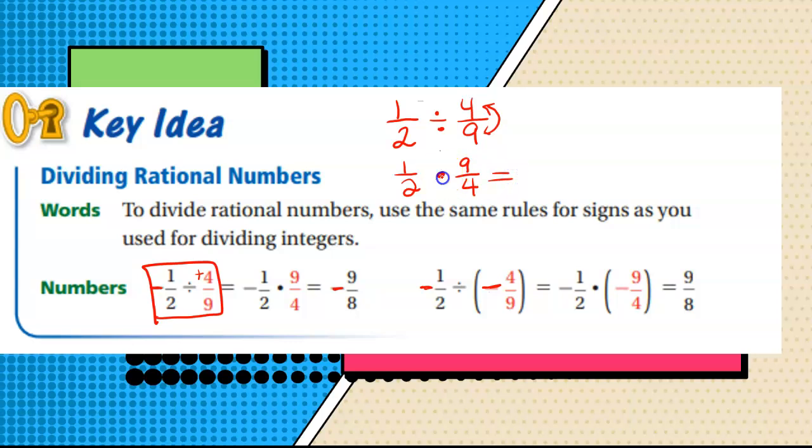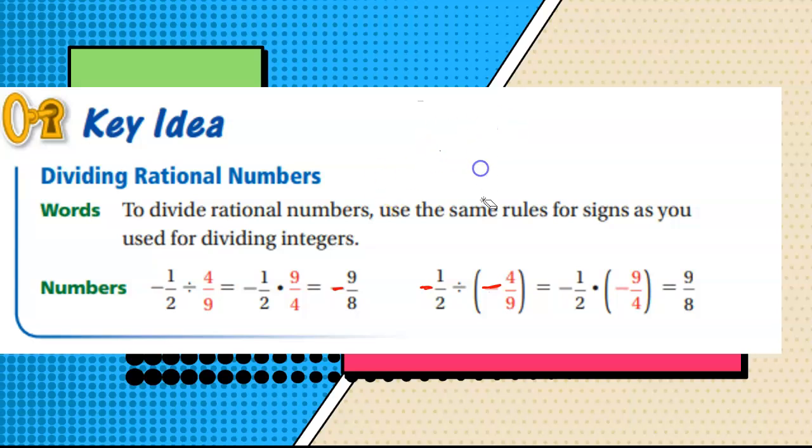And once I've changed this to a multiplication problem, then I can just multiply the numerators straight across and multiply the denominators straight across. That is the process that we learned, or reviewed rather, in our last lesson. We're going to do a little bit of practice with these fractions, but I wanted to make sure we remembered our rules for dividing with fractions.